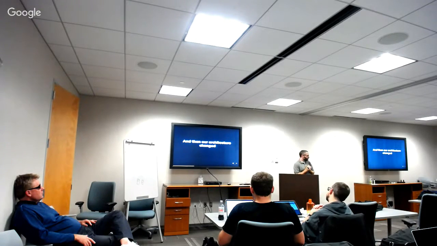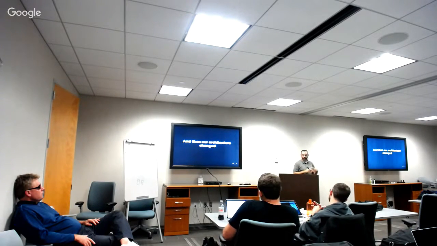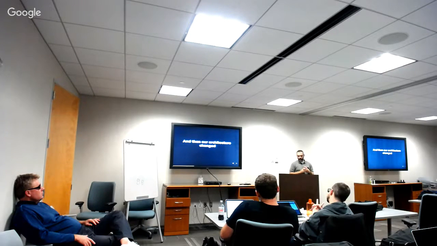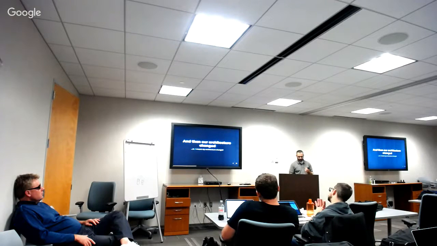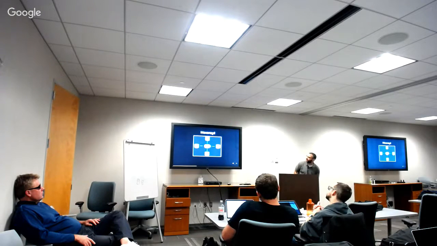And then our architecture changed. Way back in a couple of slides, I showed you just one data store on the left, and then we're applying a change set, and it goes to another data store on the right. Well, my architecture changed into something that looked more like this, right?